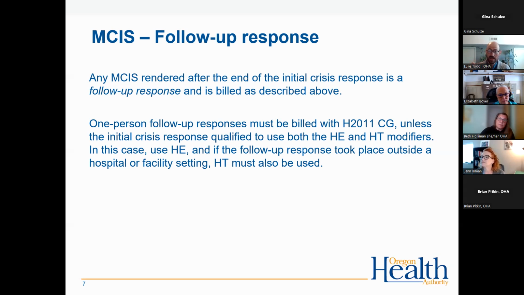We will pay the higher rate when you go serve someone in an ED, but the state will not get the enhanced match for it, which is what applying the HT modifier triggers, the state claiming the enhanced match for CMS's defined community-based mobile crisis intervention services. So again, it's not going to impact your reimbursement for that particular response if it is in an ED.